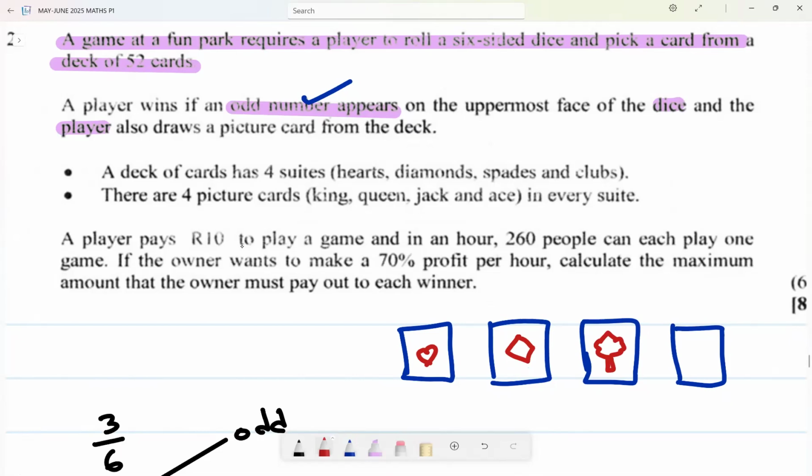I don't know how to draw clubs, guys, so I'll just write clubs here. There are 4 picture cards: king, queen, jack, and ace.